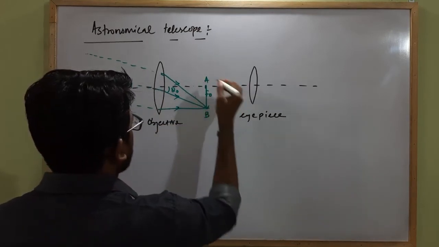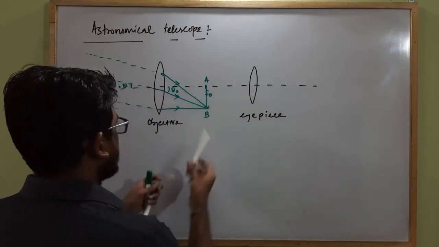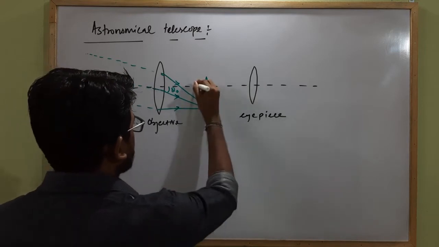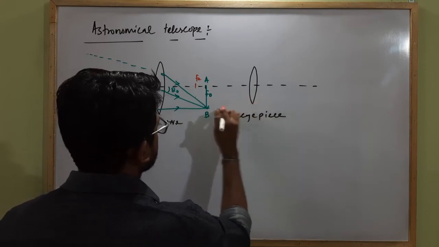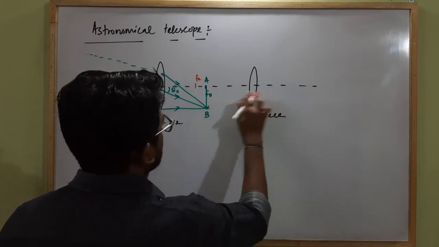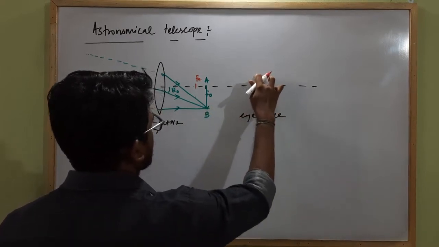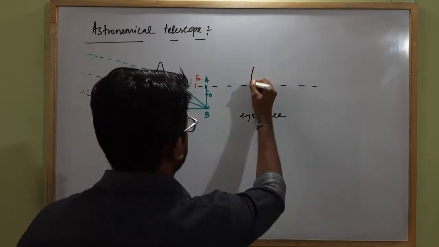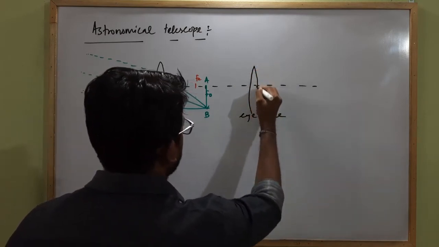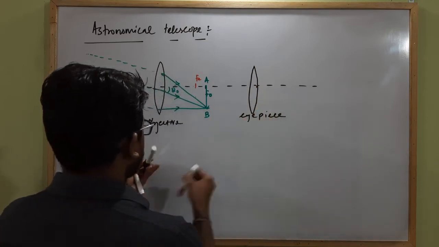Let this be the focal length of the eyepiece, F E. Now the rays will go like this.